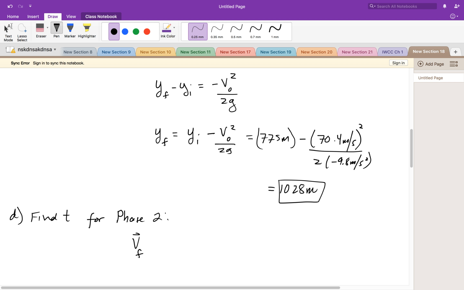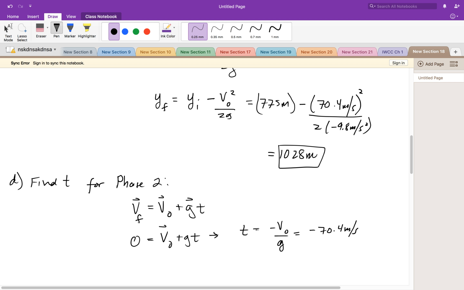Right, so for that, we can just do this. V final equals V initial plus GT, right? V final is 0, so it's 0 equals V initial plus GT. So therefore, T is negative V initial over G. So negative 70.4 meters per second divided by negative 9.8 meters per second squared.